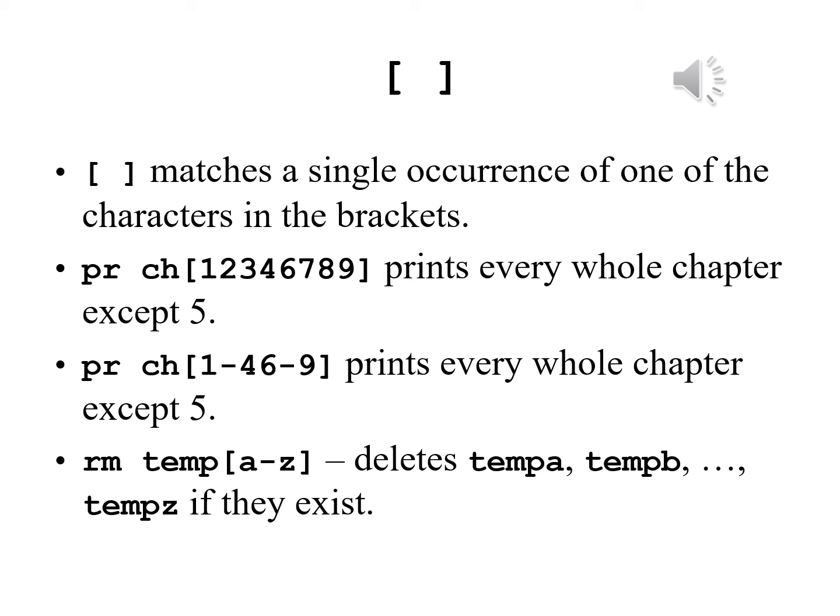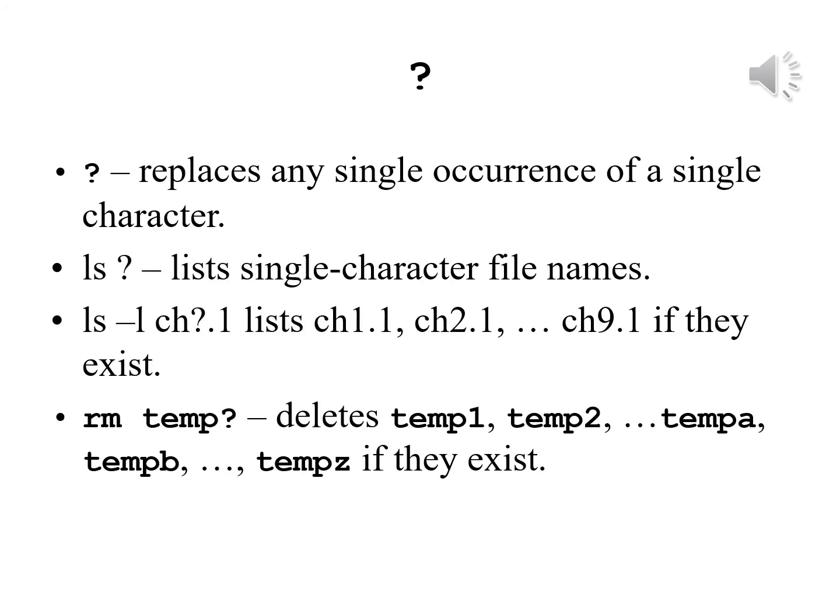Similarly, if I typed RM temp open bracket A-Z close bracket, it would delete temp A, temp B, and so on through temp Z, assuming that they all exist. A question mark replaces any single occurrence of a single character.